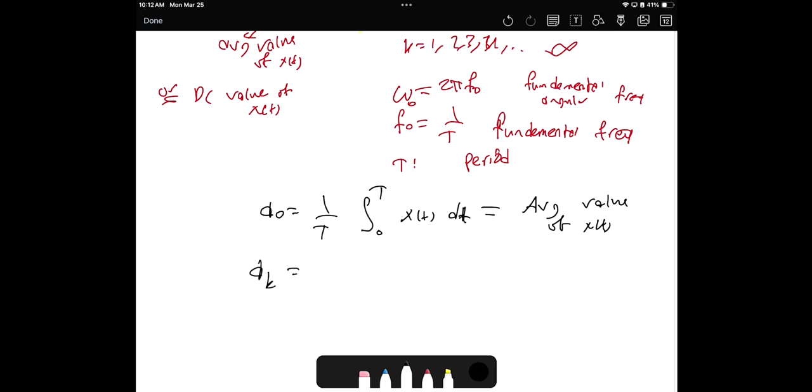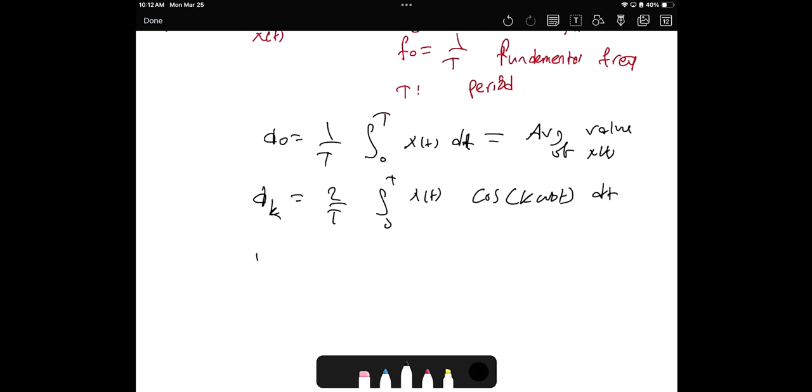A sub k is 2 over T times the integral from 0 to T of x of t cosine k omega naught t dt, while b sub k is similar, but with sine: 2 over T times the integral from 0 to T of x of t sine k omega naught t dt.